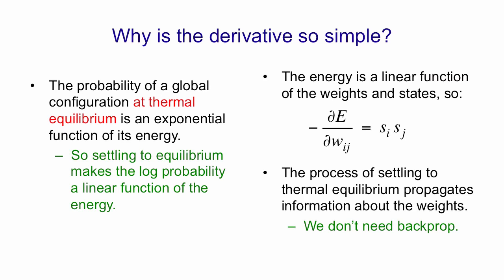We do need two stages. We need to settle with the data, and we need to settle with no data. But notice that the network's behaving in pretty much the same way in those two phases. A unit deep within the network is doing the same thing, just with different boundary conditions. With backprop, the forward pass and the backward pass are really rather different.